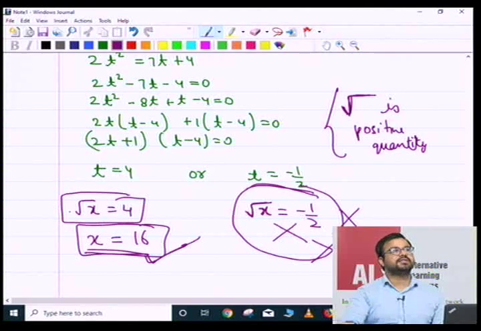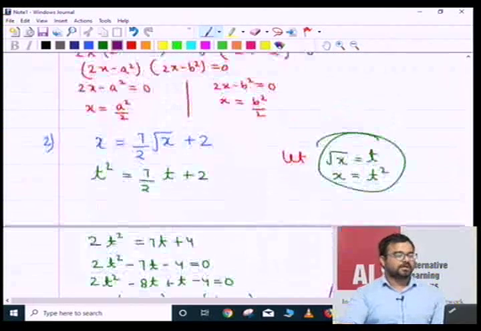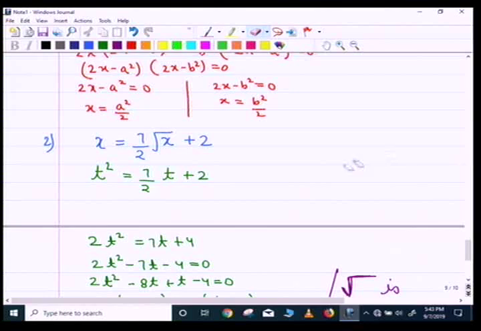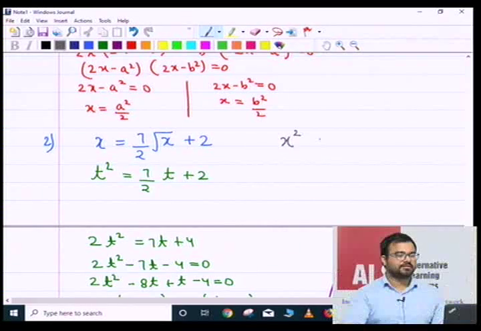And Itanagar, you are saying that we have to do it by squaring on both the sides. So in this case, instead of substitution, if you want to do squaring, you will get something like this: x square, and this will be 49 by 4x plus 4, a square plus b square plus 2ab.